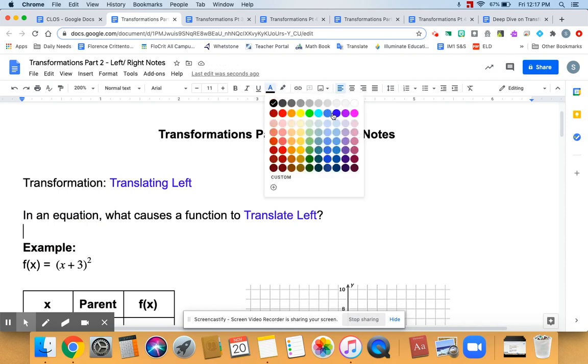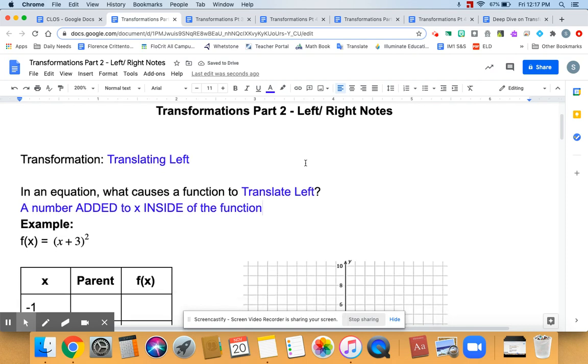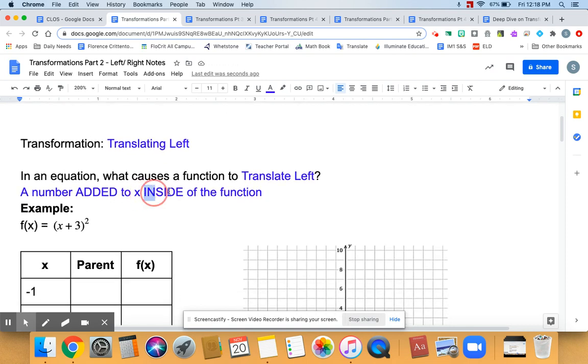The answer is, as weird as this is going to be, it's a number added to x inside of the function. So if a number was being added to the outside, it would be up. But when it's inside, it's left.